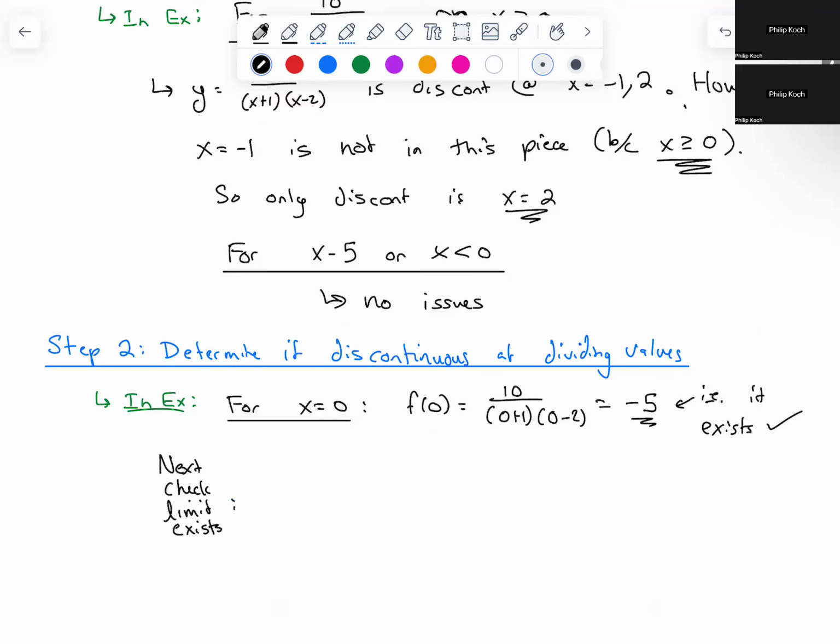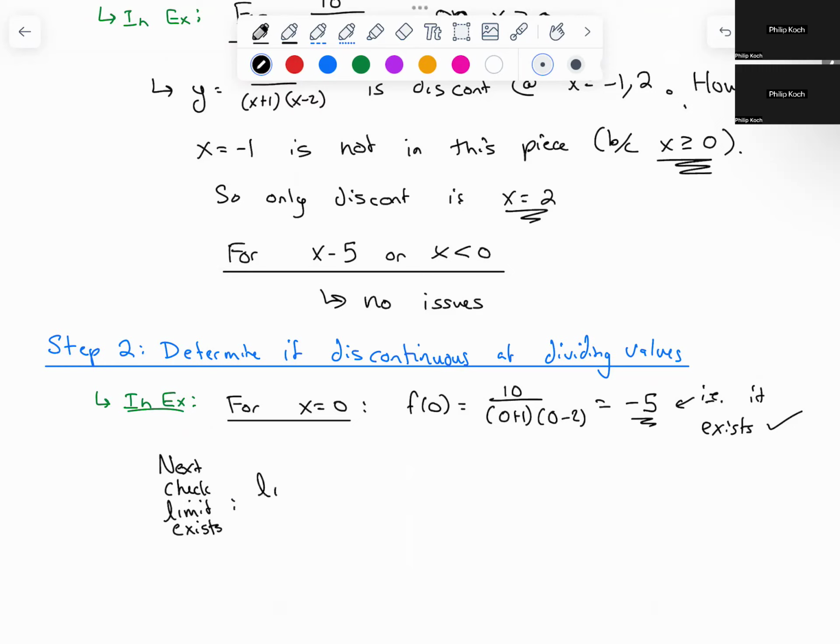Now, because it's a dividing value, that's what we spent a good portion of 1.3 doing, piecewise functions and one-sided limits. Because it's a dividing value, on the left-hand side of 0, it'll be one function, and on the right-hand side of 0, it will be a different function. So we need to check the left and the right-hand limits to make sure they agree.